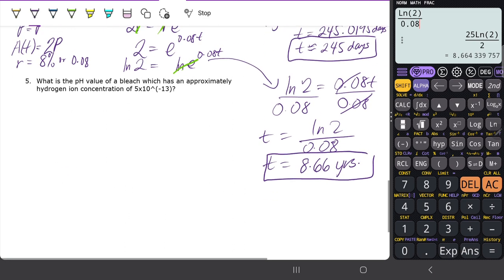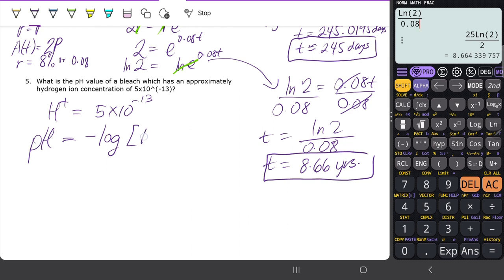And last item, what is the pH value of the bleach which has an approximate hydrogen ion concentration, or H plus, of 5 times 10 raised to negative 13? Madali lang yung formula natin to obtain the pH level, that is the negative log of the hydrogen ion concentration.